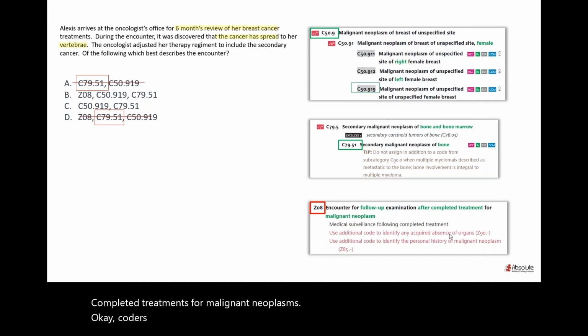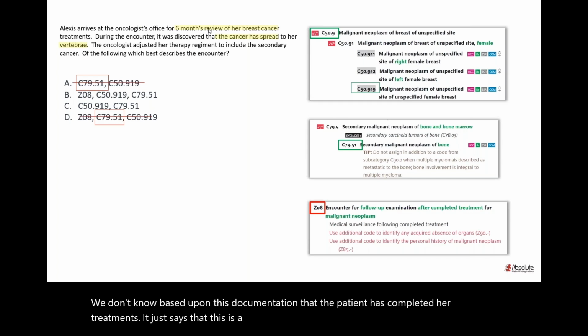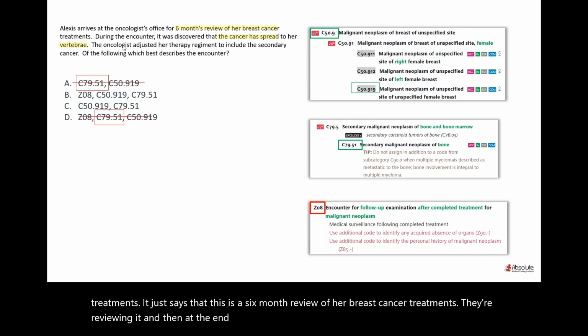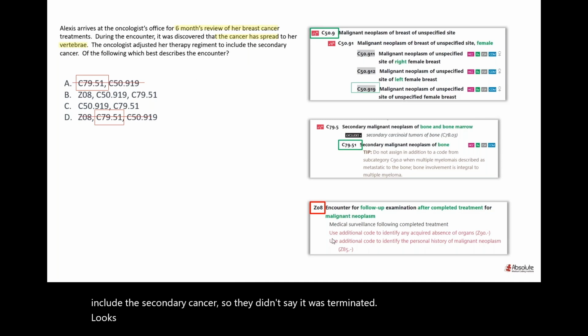Okay, coders. We don't know based upon this documentation that the patient has completed her treatments. It just says that this is a 6-month review of her breast cancer treatments. They're reviewing it. And then at the end, it says that the oncologist adjusted her therapy regimen to include the secondary cancer. So they didn't say it was terminated. Looks like it's still going on to me. So Z08 should not be coded.